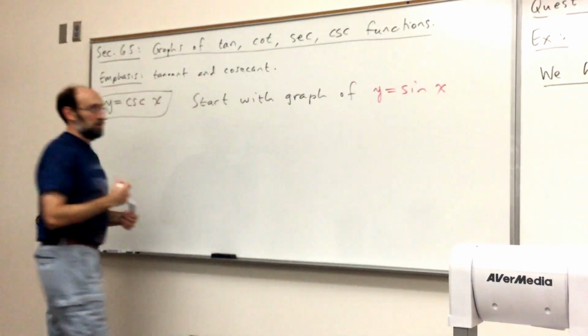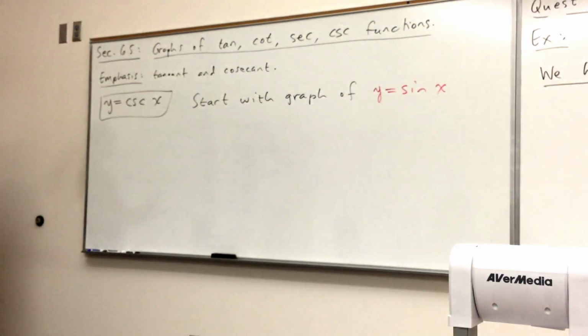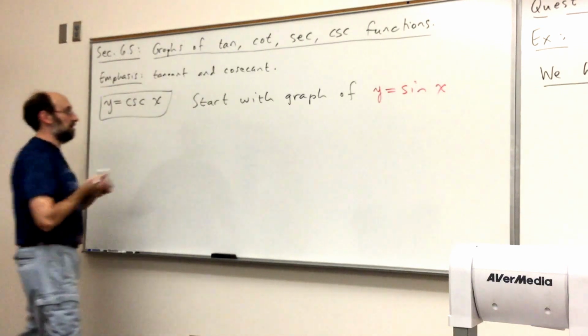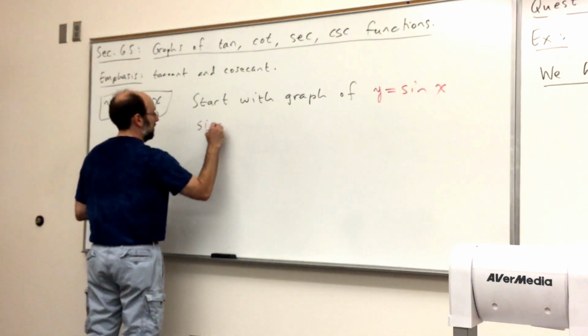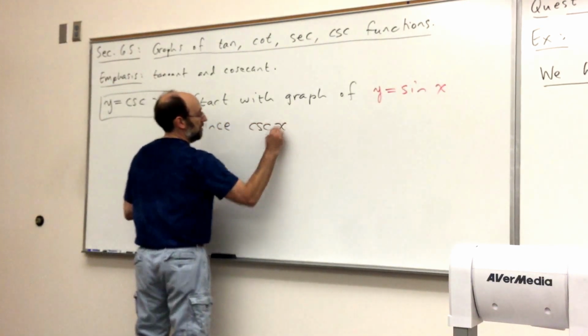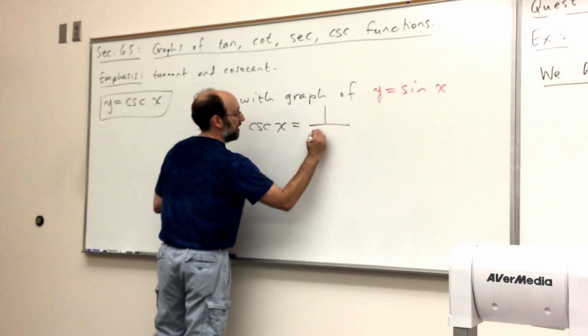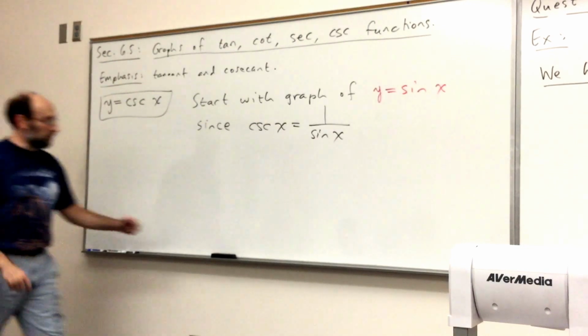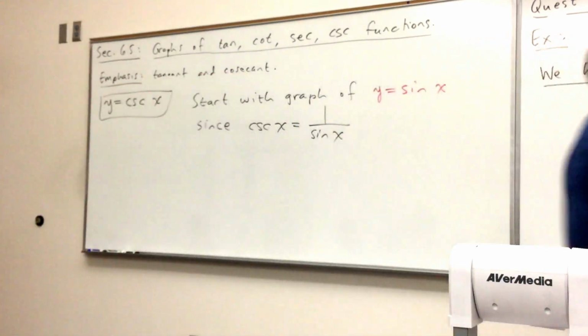Since the cosecant is just the reciprocal of the sine function, it will help us determine a lot of important features of the graph of the cosecant function. So that's since cosecant of x equals 1 over the sine of x. Okay. So let's do the graph of sine of x, y equals sine of x.